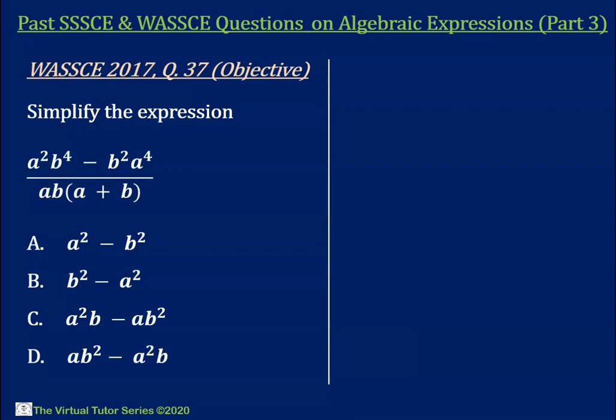We have the solution here. We are given the expression a exponent 2 b exponent 4 minus b exponent 2 a exponent 4, all over ab times (a plus b).